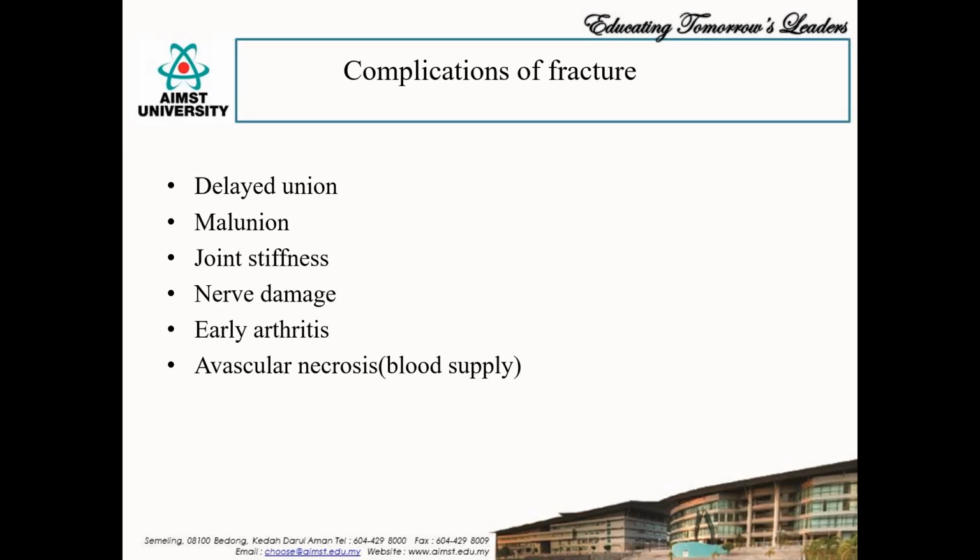If after that it is still not healed, only then do we consider it non-union. So till 6 months we can wait for the bones to heal by themselves. Then there is malunion, sometimes wrongly aligned, so it can create varus or valgus deformities.